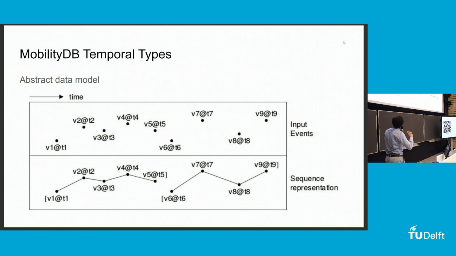The novelty of this database is its abstract data model. Suppose you have 2 flights and you want to represent them in a database; you would need 9 different rows, 9 different discrete points to represent the trajectory, as you can see. In MobilityDB, it creates an array or a sequence of all the related points, all the values with corresponding time, and it converts 9 rows to 2 rows.